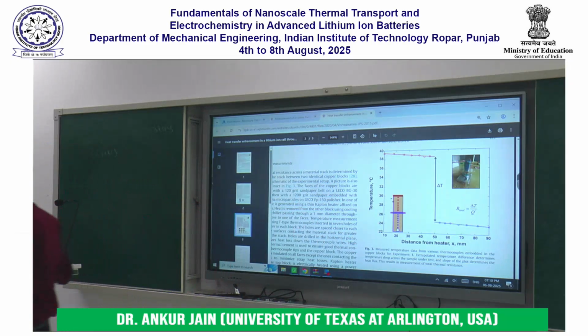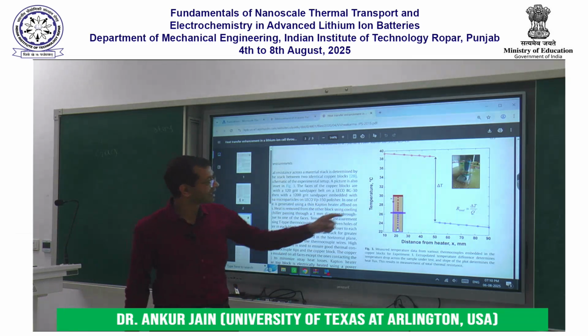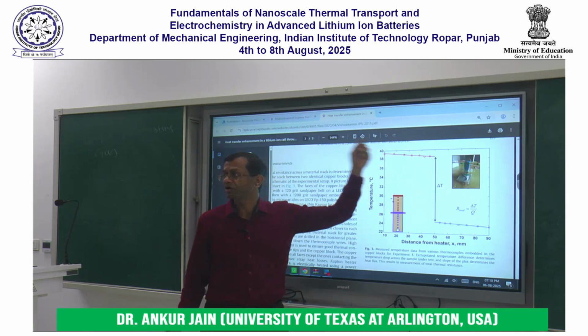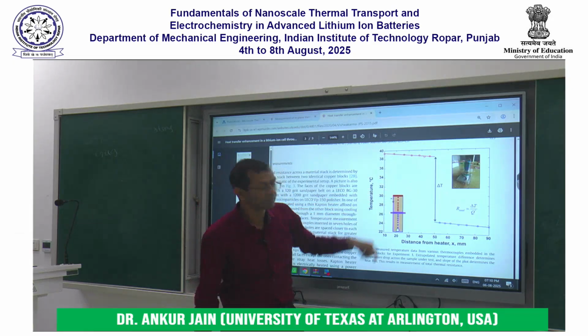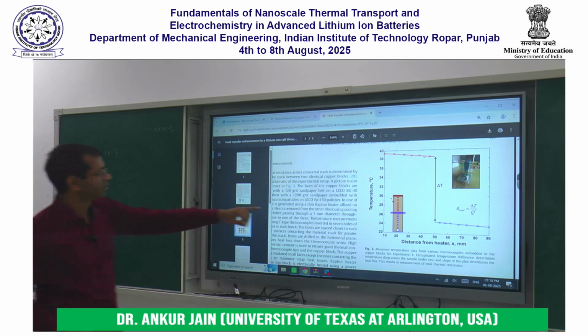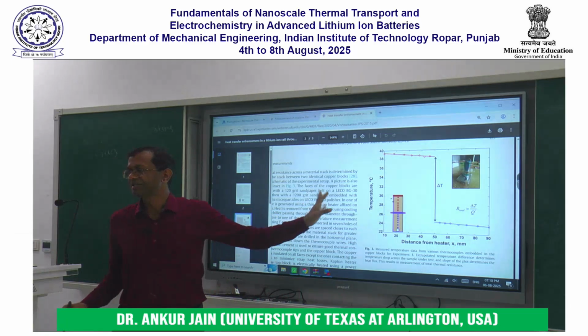Remember we said very early on, Q equals negative K dT/dx. The good thing is the thermal conductivity of copper is well known, and therefore if I multiply K copper by the temperature gradient in both blocks, then that gives me the amount of heat passing through the top and the bottom blocks, and both of them must be equal to the heat passing through the separator. That was the basic idea in the paper.